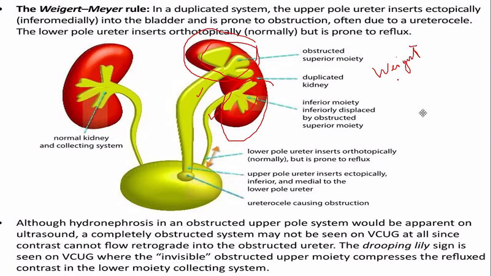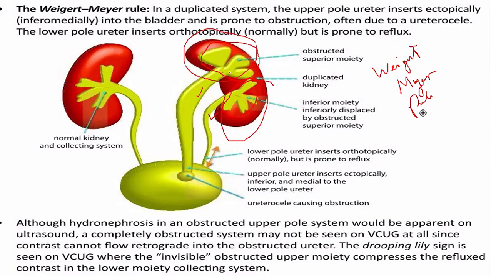You can do a Google search on that later. The Weigert-Meyer rule applies to a double collecting system or double ureter. The upper pole moiety ureter goes medially in reference to the lower pole moiety and inserts into the urinary bladder inferiorly.